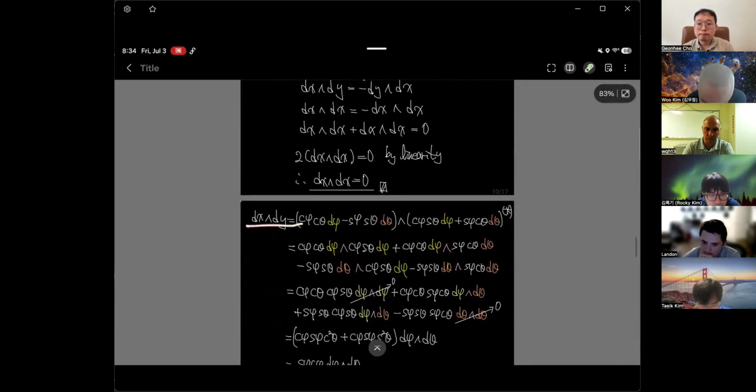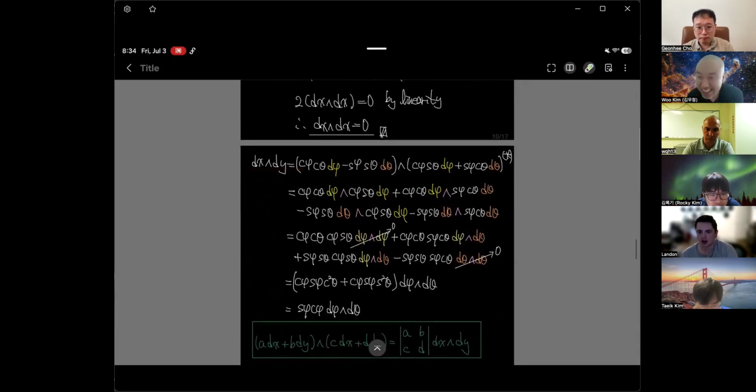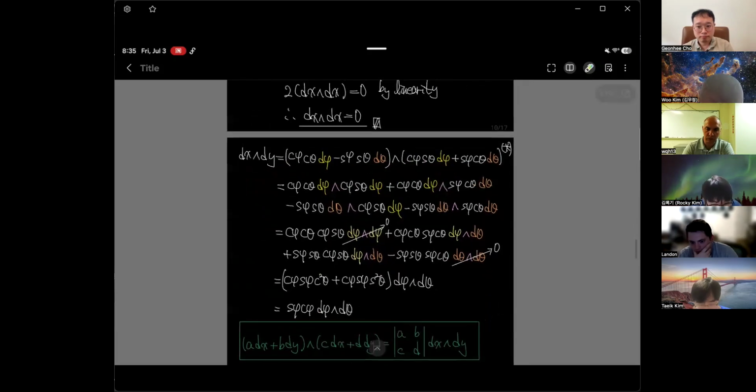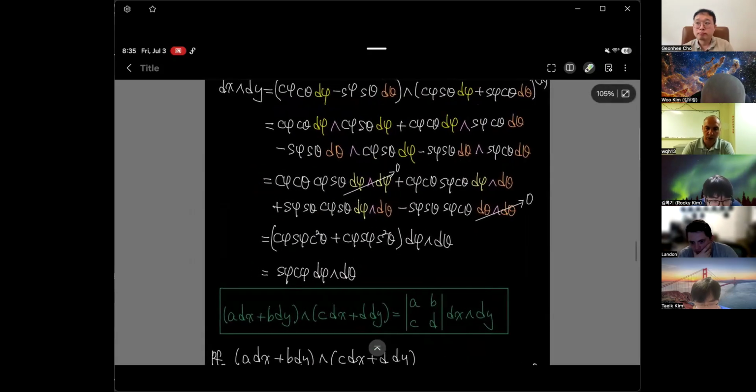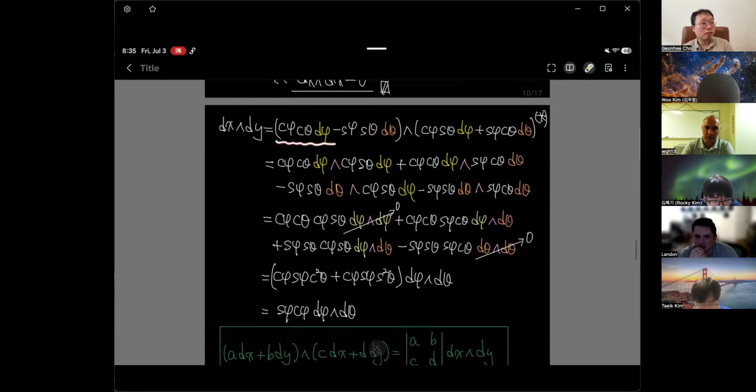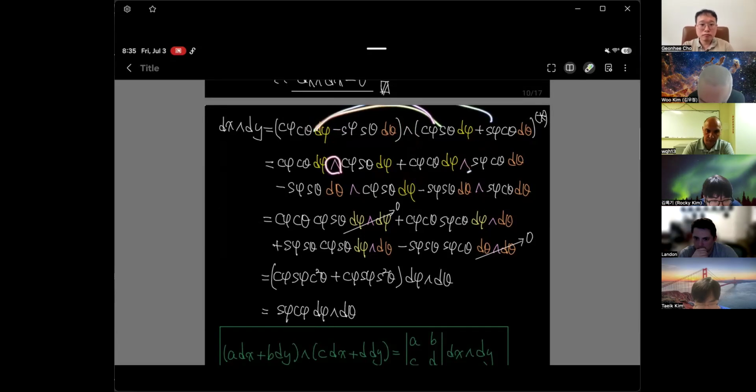So dx wedge dy, as you see, the expression is too long, so I'm going to distinguish it using some colors for readability. In this wedge product, I'm going to expand this term wedge this term, and wedge this term, like this.